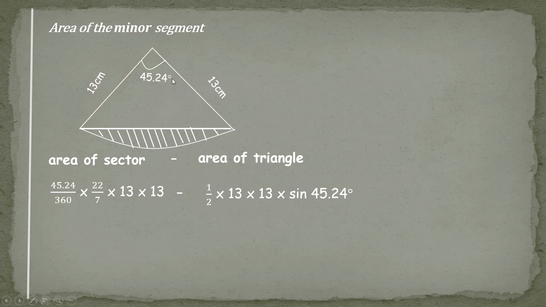Meaning that if I had this as 18 and this as 20 and maybe the angle as 60, then the area of the triangle would be a half times 18 times 20 times the sine of this angle, which I had mentioned as 60 degrees. A half times side times side times the sine of the angle between the sides.